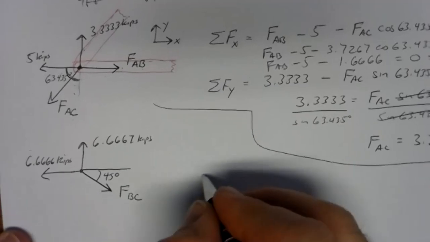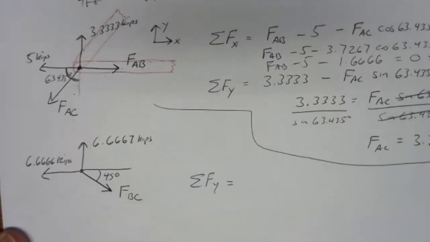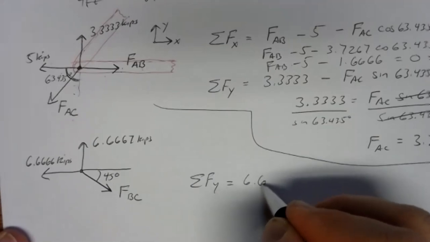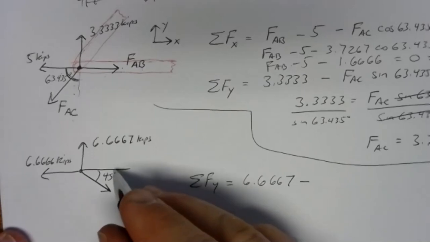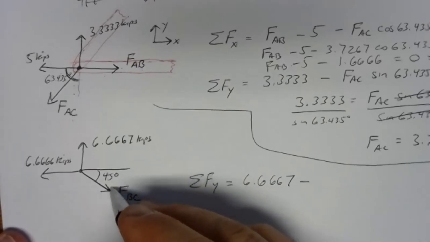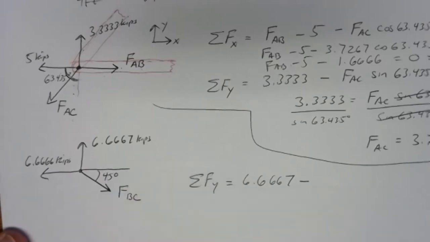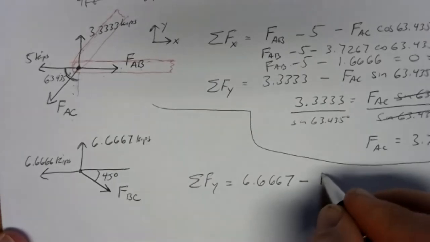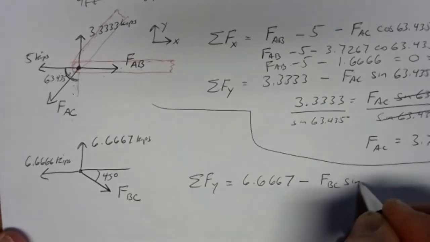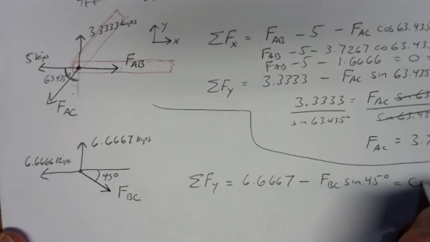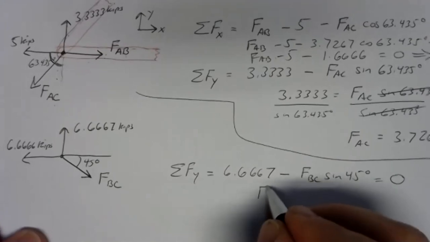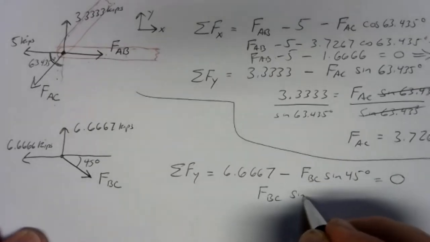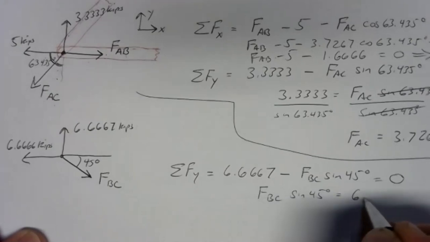So let's do our sum of forces in the y direction. So we've got a positive 6.6667 kips up, and we've got the vertical piece, opposite side, so that's sine: F_BC sine of 45 degrees. And that equals 0. So if we set up the solution here, we'll have F_BC sine of 45 is 6.6667.